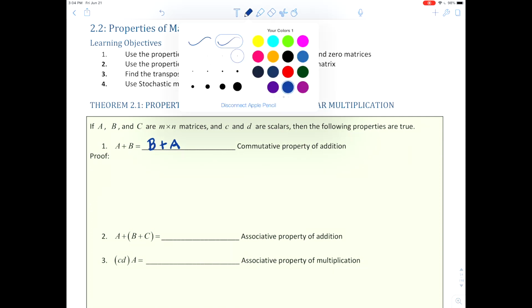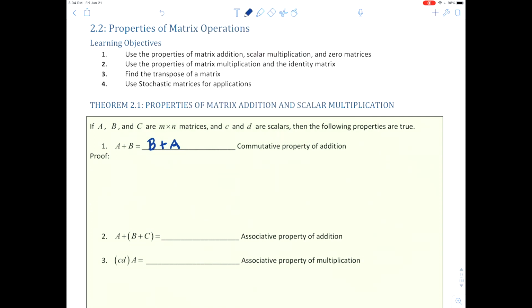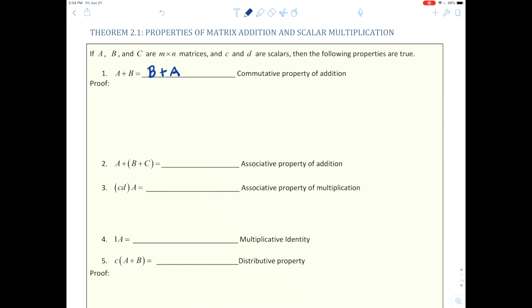Let me get a smaller pen size here. And how would we do this? Well, we don't know all of these properties for matrices, but we do know these properties for what? Beautiful. The real numbers.